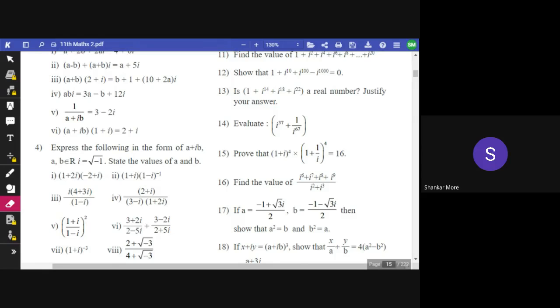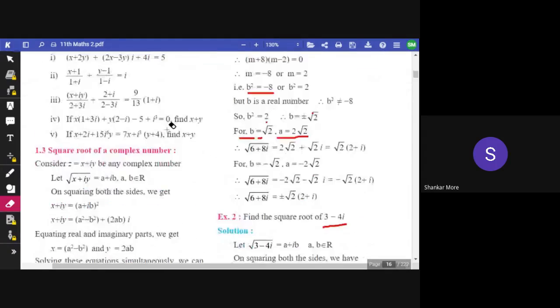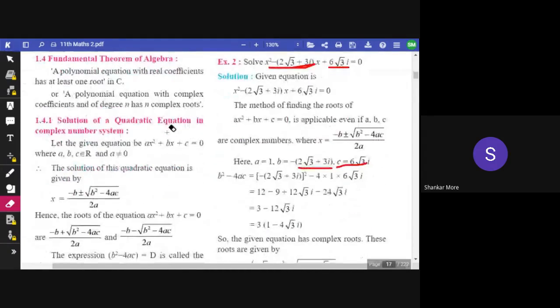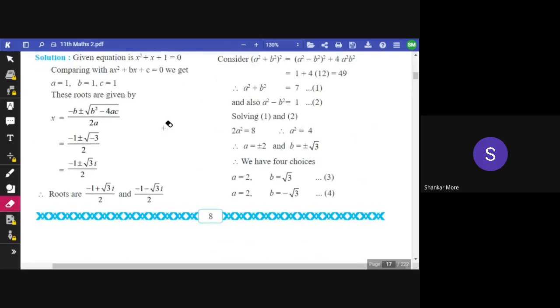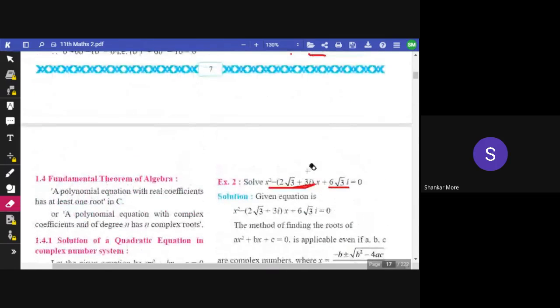Okay, Sankalp hasn't solved. Why, Sankalp? Is there any problem in solving questions? Okay, you have a doubt. You can ask me. In which question?